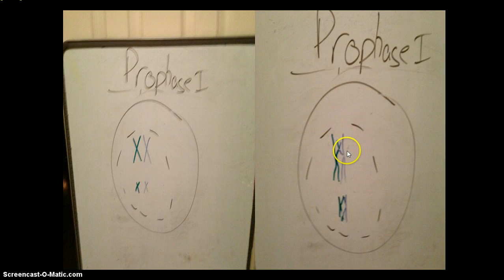On the right, you can see crossing over taking place. Right there, hopefully my mouse shows, and right there. And you will be able to watch that play out. And that's called the crossing over. And hopefully you will be able to watch that play out throughout the entire video.